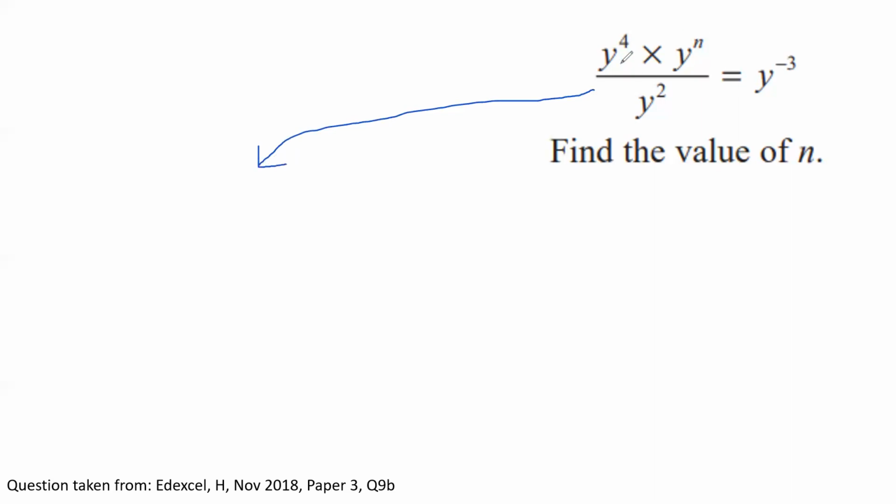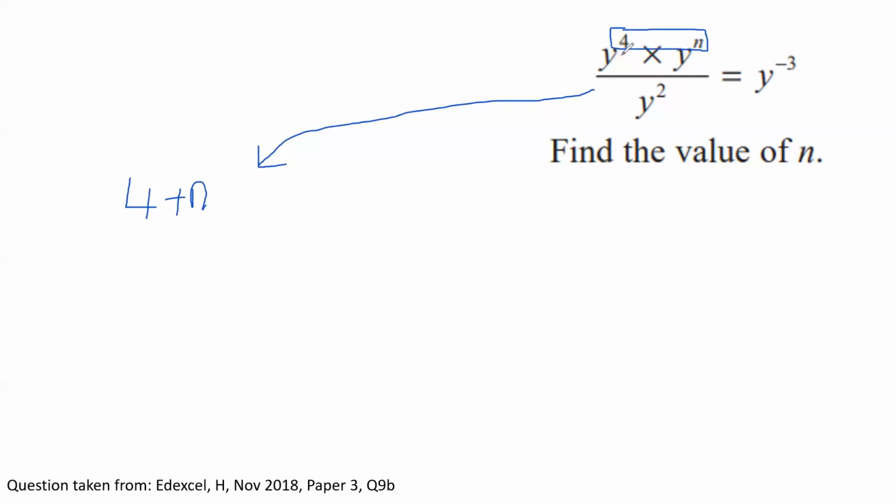The main thing that we need to remember with these is how we deal with powers, and how if we are multiplying two terms to the power of something together, then we can just add these powers. So what we actually have here is 4 plus n. We can ignore the y's because the y is the same in all of these terms. All we're looking at is the powers.